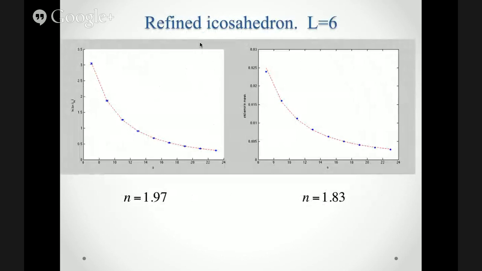But I wanted to make one quick note about how I think the refined cube is going to be fixed. This goes back to your question about why can't you do finite element for squares, for example.